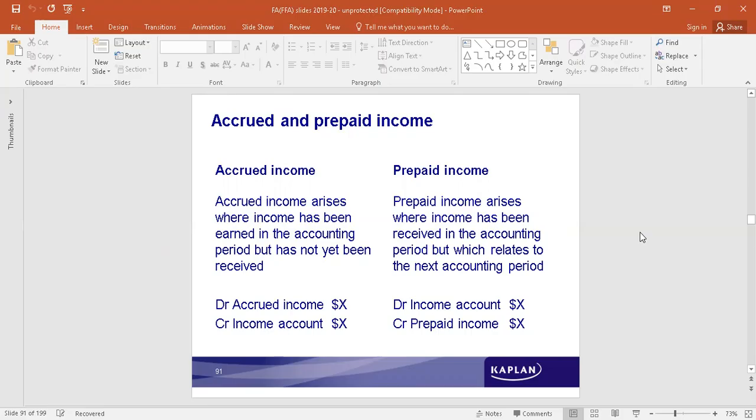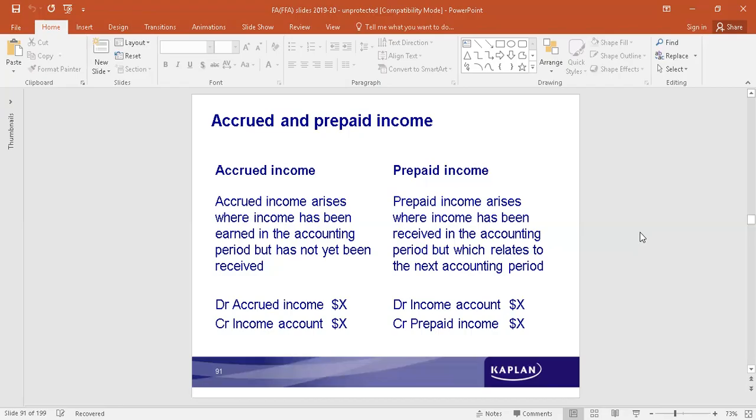Prepaid income. Income is received in advance. So when the amount is received, the entry would be cash to income, but that portion of income is not related to the current period. It has to be deducted, and therefore the income account is debited to adjust the income amount related to the current period. So income is debited. The additional income that is received relates to the next period.